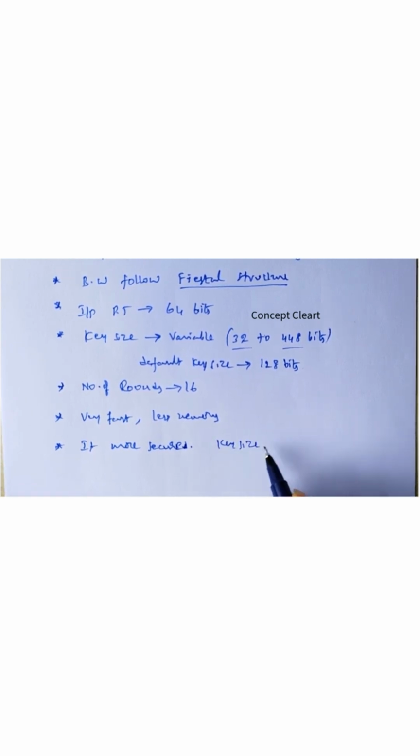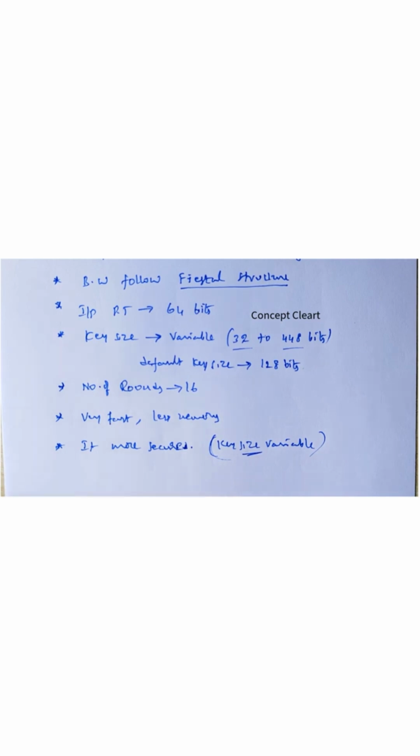Key size is variable. Even if your message is intercepted by hackers and they know you are using Blowfish, they can't decode it, because the size is unknown. We are using from 32 to 448 bits, so he can't guess the exact size of the key.